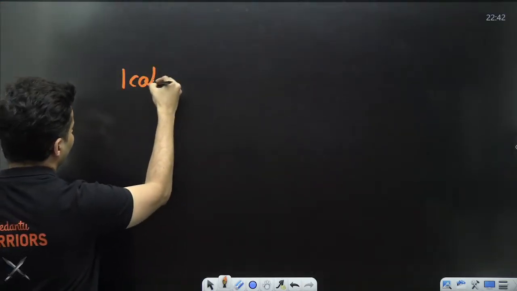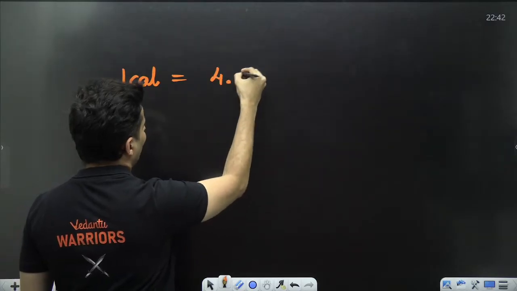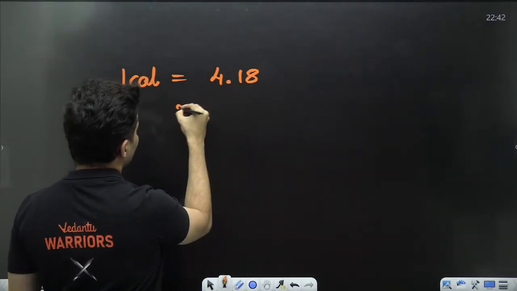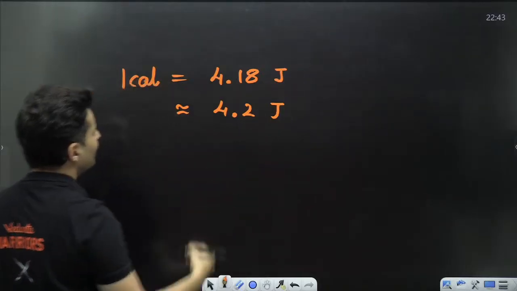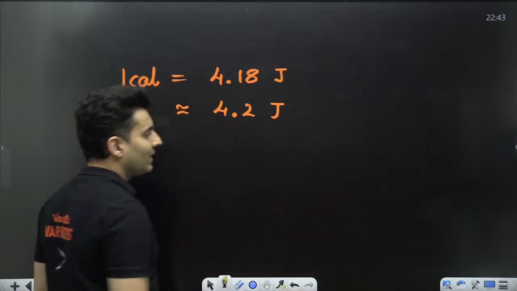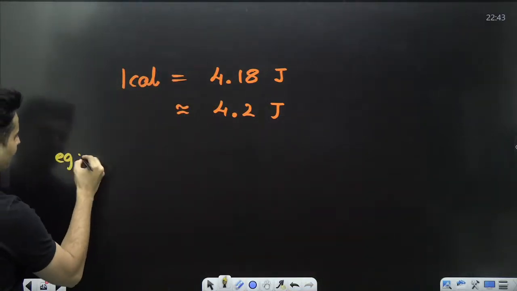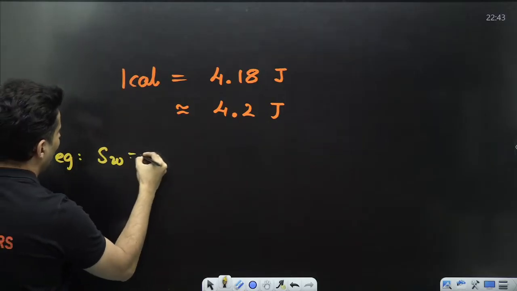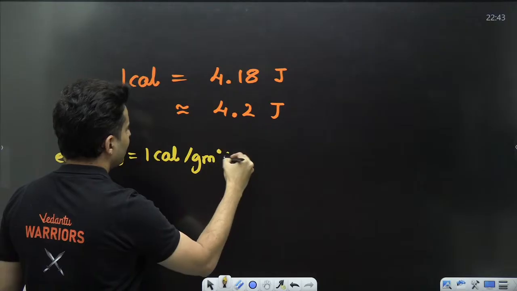Remember, 1 calorie is 4.18, which is approximately 4.2 joules. This conversion you might need many times, and more specifically, say for example, specific heat capacity of water is 1 calorie per gram degree centigrade.